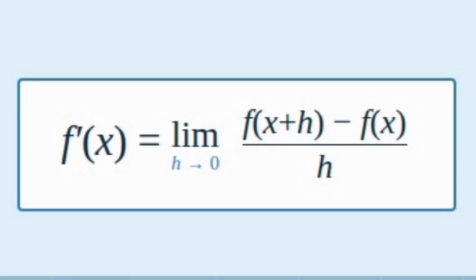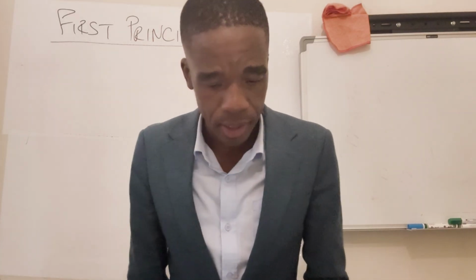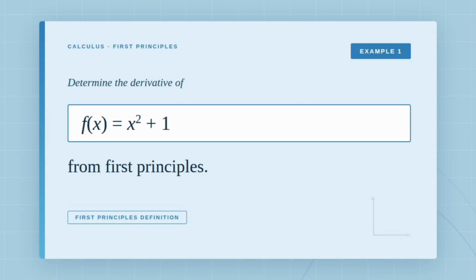So firstly, in example 1, it says determine the derivative of f of x is equal to x squared plus 1 from first principles.